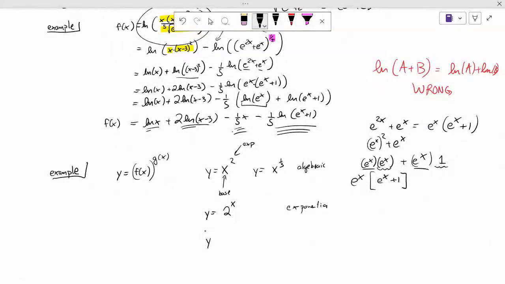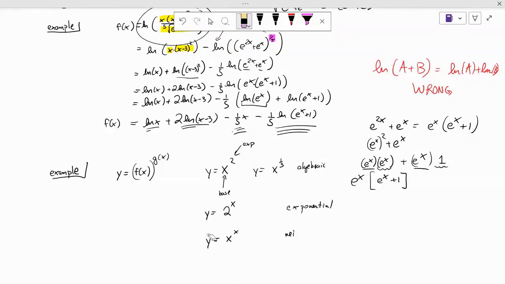What you're going to encounter is some crazy stuff like x to the power x. That's neither a power function nor exponential, because both base and exponent are variable functions of x.